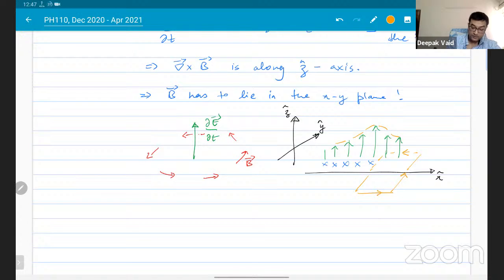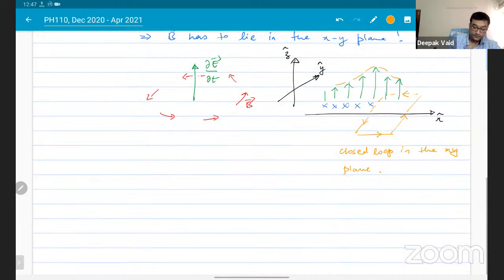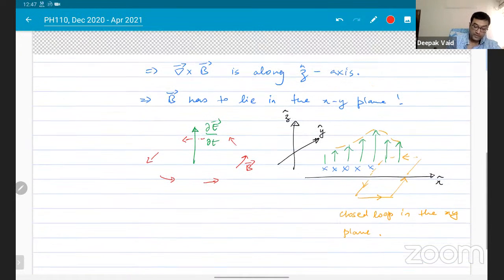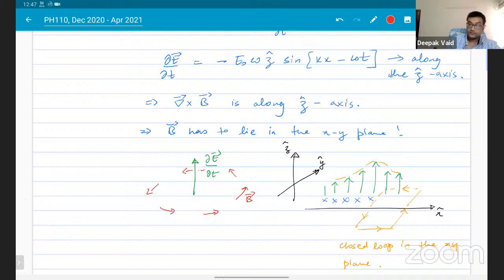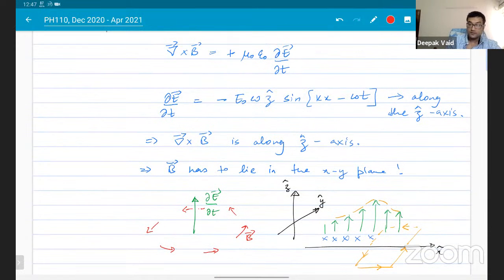Let me put some orientation on it. This is a closed loop in the XY plane. Why do I need a closed loop? What is the purpose of this closed loop? How is it going to help me calculate the magnetic field?